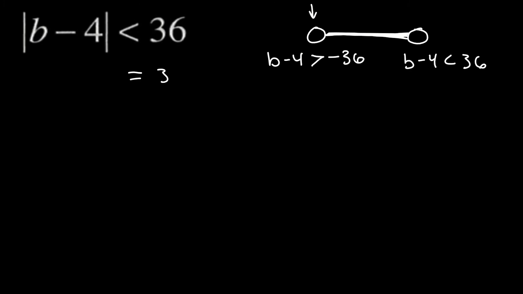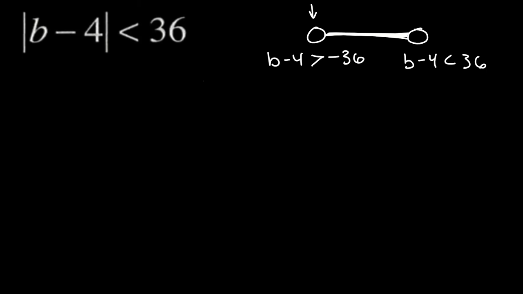Now, I don't always have to start with a sketch like this, and you'll see this pattern happen enough that you'll probably get to where you can just look at this absolute value inequality and write down the two boundary equations just from looking at it.